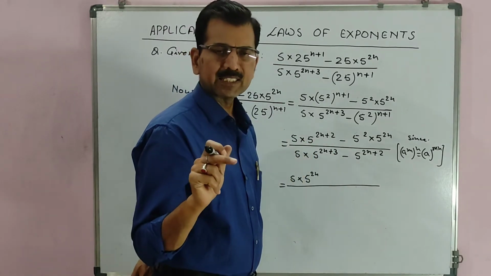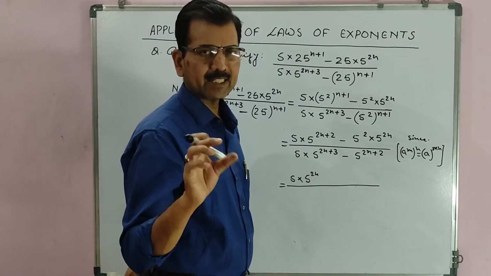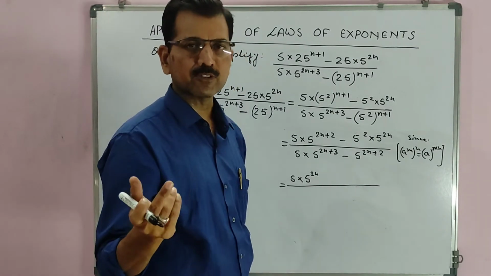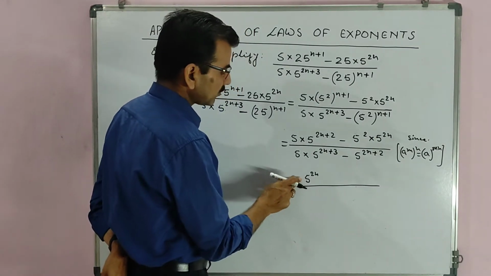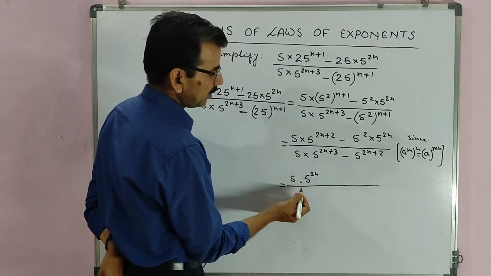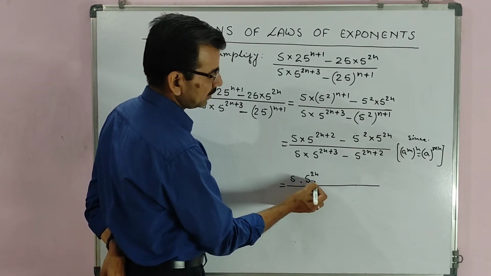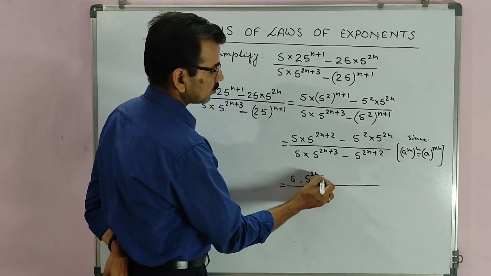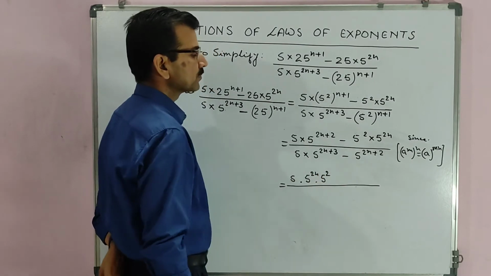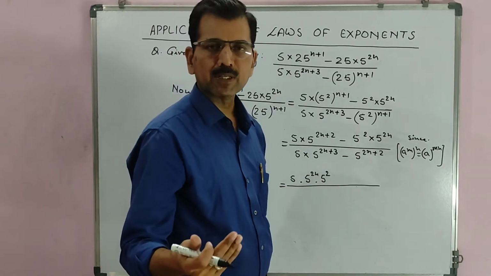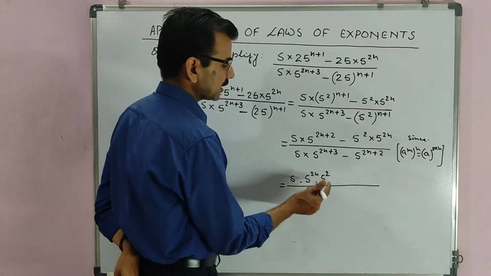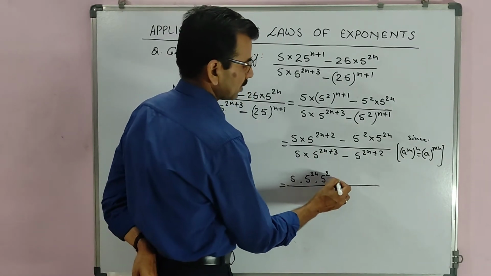If multiplication sign and plus minus sign creating confusion, you can use dot also for this. 5 into, I am just putting the dot here, into 5 raised to power 2. Okay? In further study in upper classes we can use this dots here for multiplication.